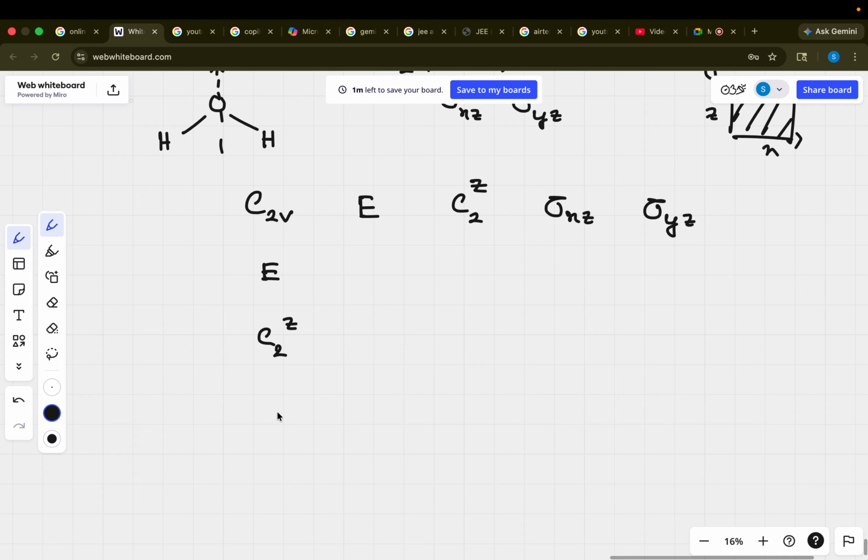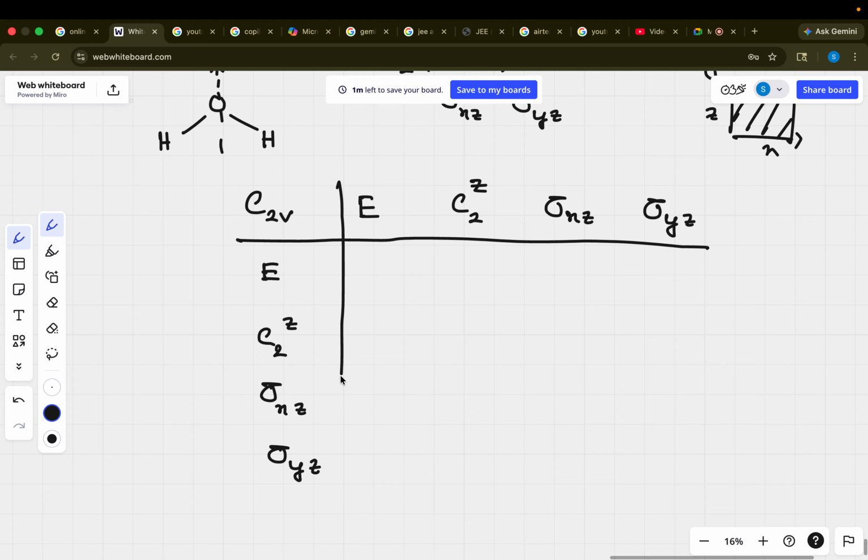You have to arrange it like this. So E into E, you will get E only. E into C2Z, you will get C2Z only. E into sigma xz, you will get sigma xz. E into sigma yz, you will get sigma yz.